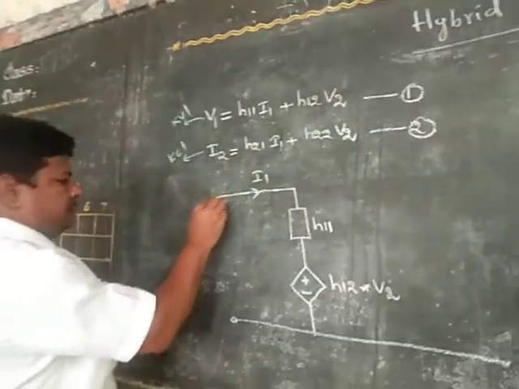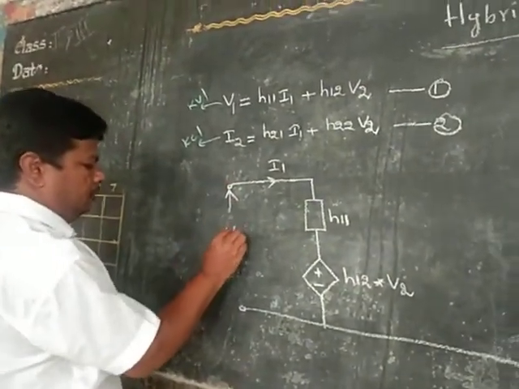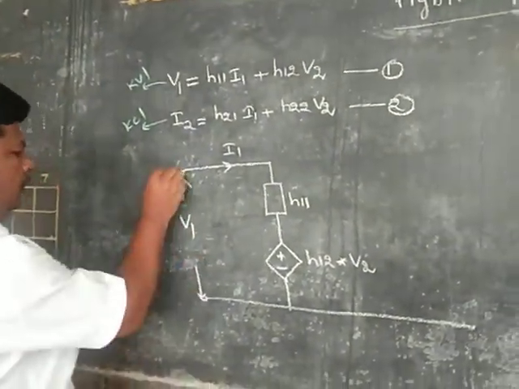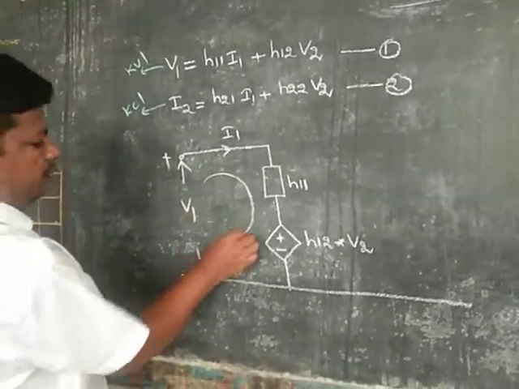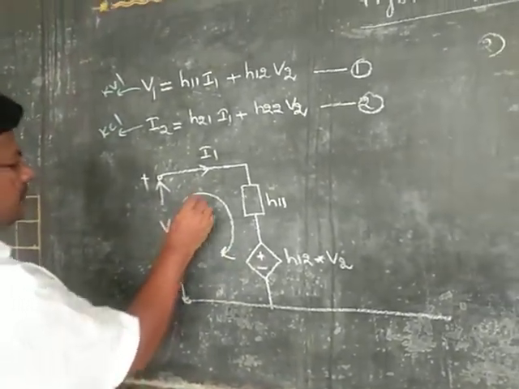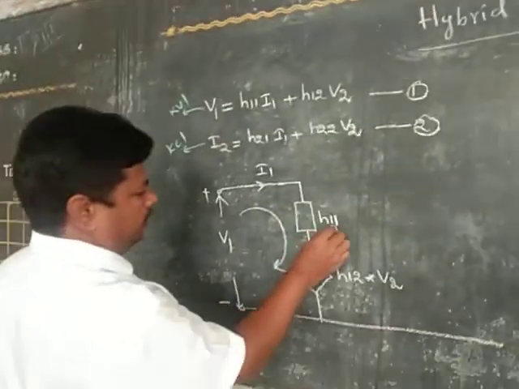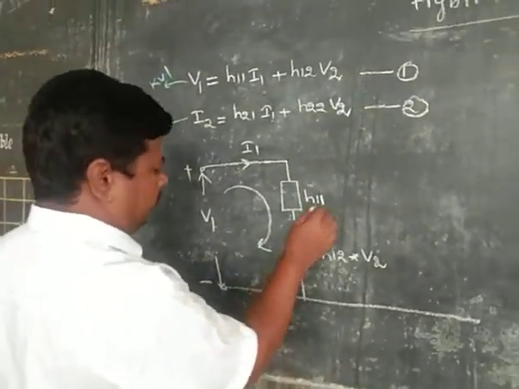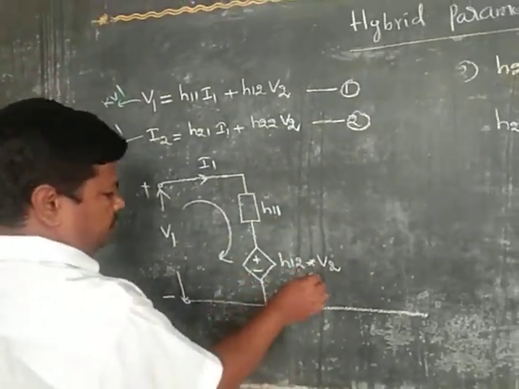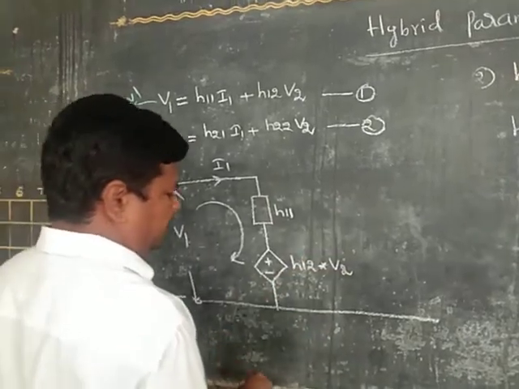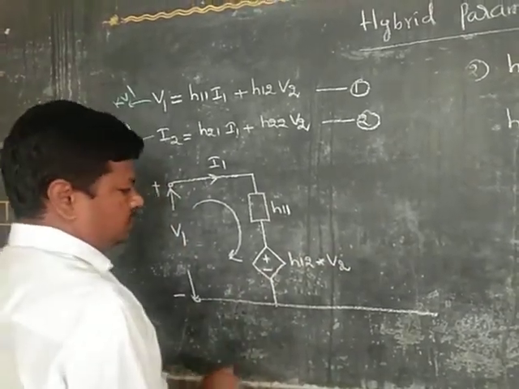So now this is V1. Apply KVL here: V1 is equal to I1 into H11 plus H12 into V2, the dependent voltage source.